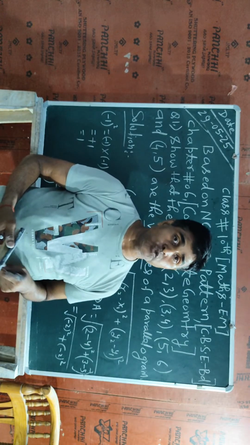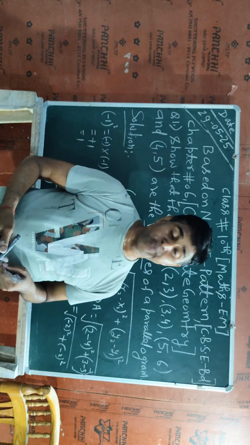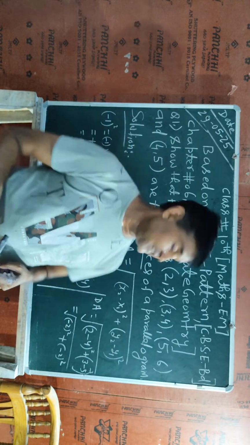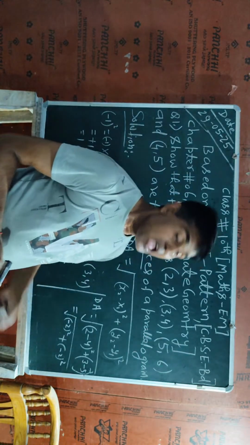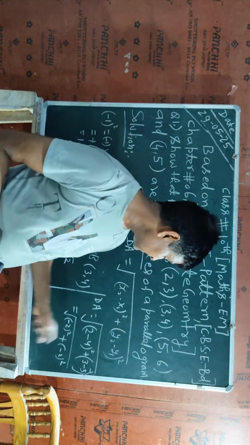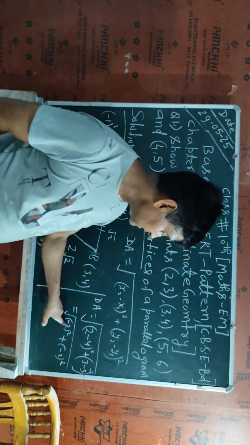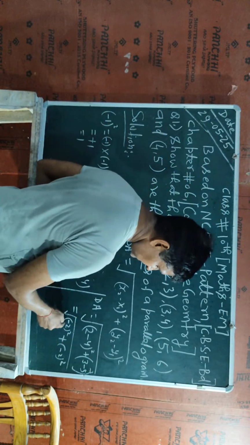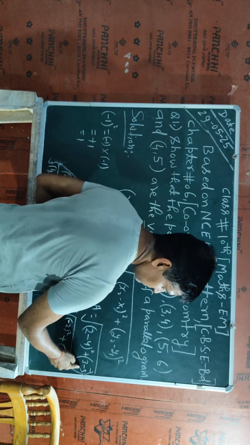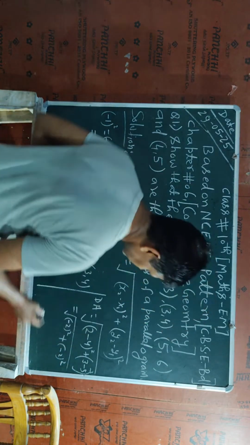I will subtract the big number minus the small number, and after subtraction I will take the sign of the big number. Here the big number is 4, so the sign will be minus. Here the big number is 5, so this sign will also be minus. So here I put minus.